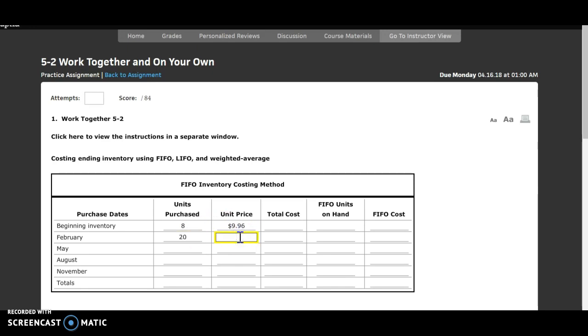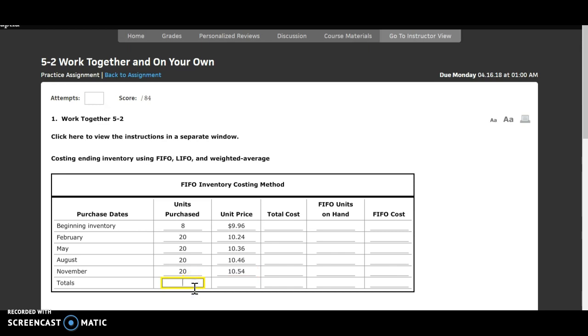Those were priced at $10.24. May, we bought 20 more at a price of $10.36 a piece. August, 20 more at a price of $10.46 a piece. And November, 20 at $10.54.